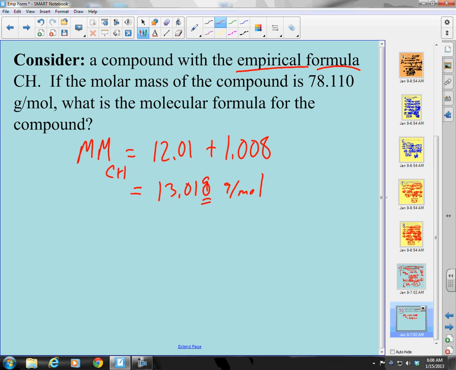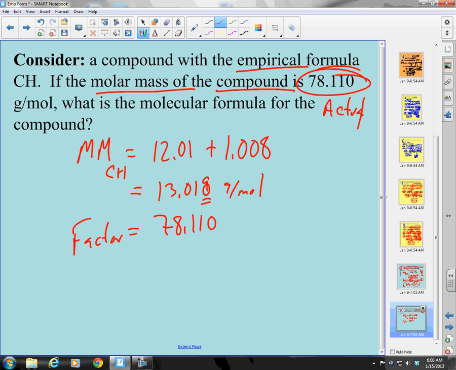Good. What is the molar mass of the real compound? It says the molar mass of the compound, that means my actual molar mass, is 78.11. I want to calculate my factor. It's 78.110 grams per mole over 13.018 grams per mole.